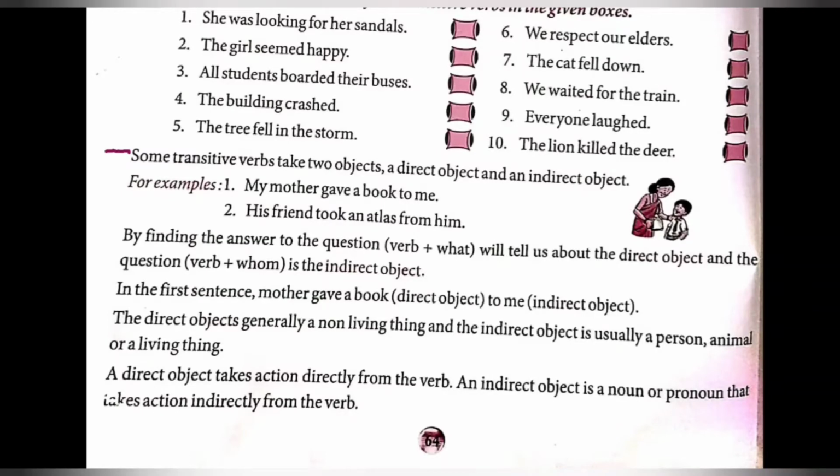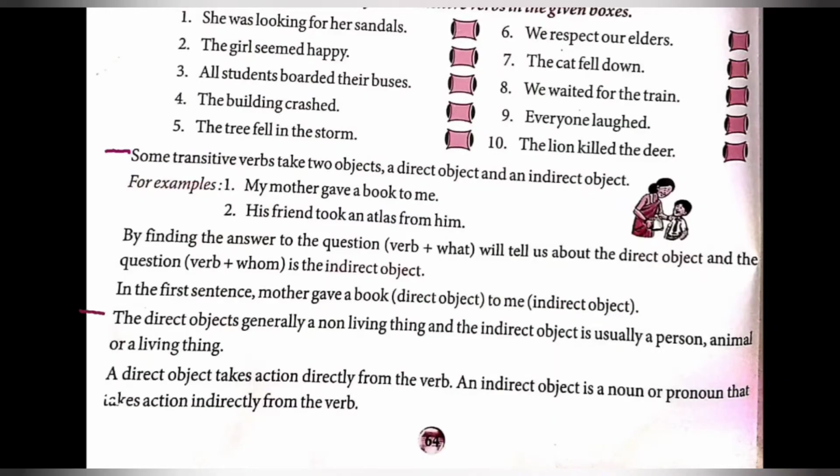If we ask the verb gave what, the answer we get is the direct object. Gave what? Gave book. Then when we ask the verb whom, who or whom, the answer we get is the indirect object. Gave whom? Me. So that is the indirect object.